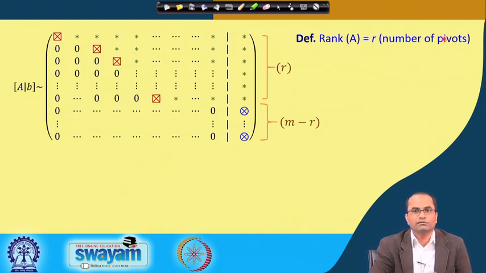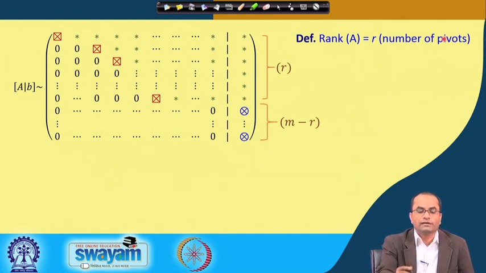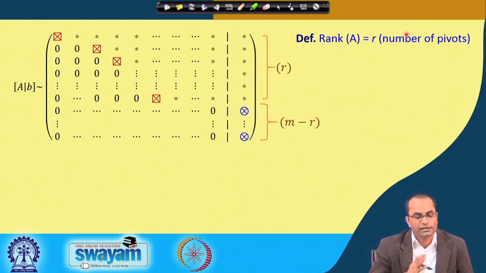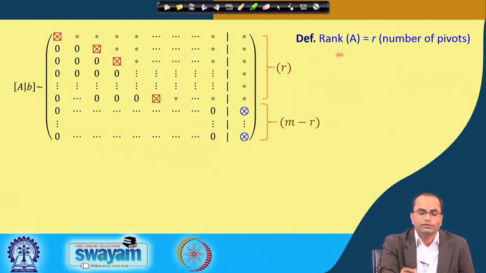Later on we will observe an alternate definition that will again lead to this, that rank A is equal to precisely this number of pivots, and that is the reason the number of pivots or the identification of these pivot elements is very important. So, here the rank of the matrix, another very important concept of a matrix, is defined as this number r, which is the number of the pivots.